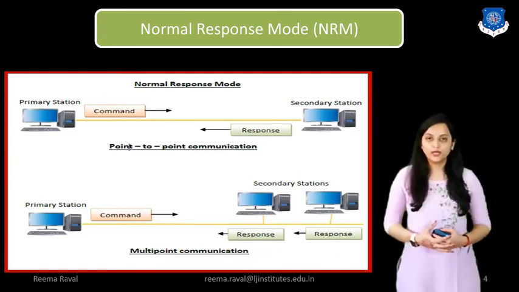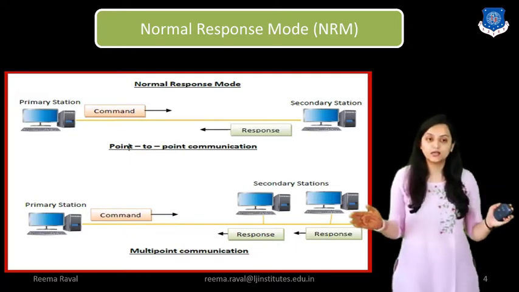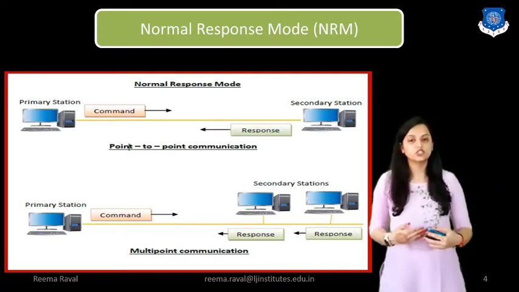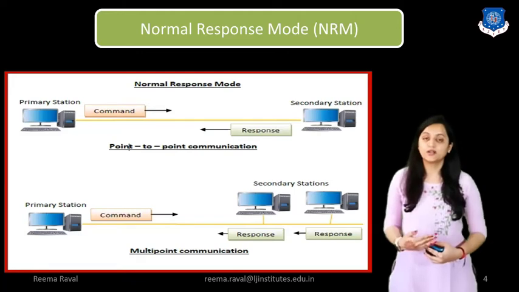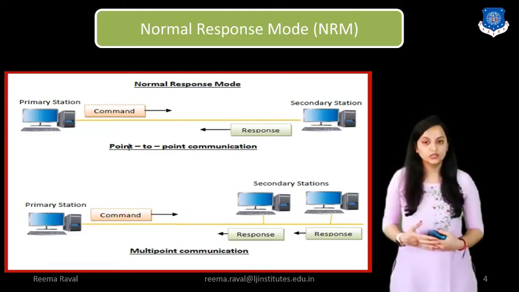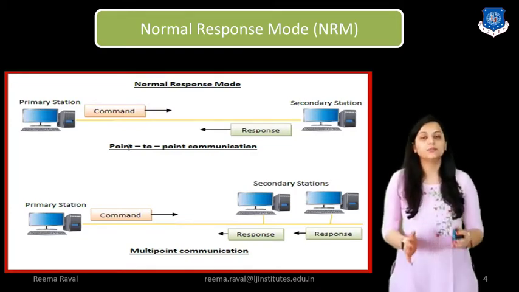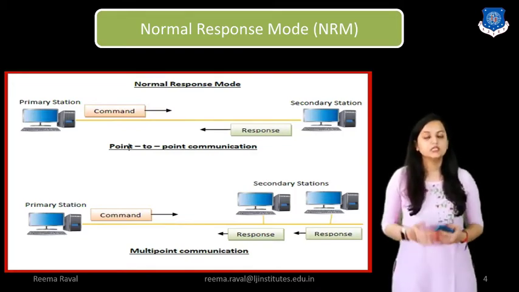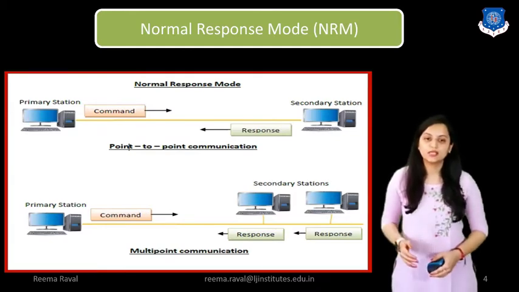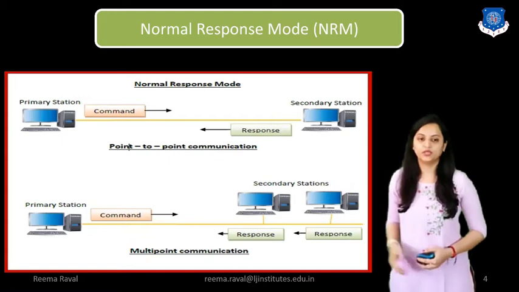In point-to-point communication, there is a single transmitter and a single receiver between which the communication or data transfer is to be done. And in multi-point communication, there are multiple stations or multiple users in the particular network. So we are going to consider these two cases for NRM. First, let us consider point-to-point communication.